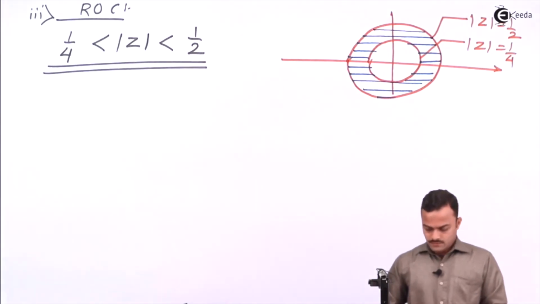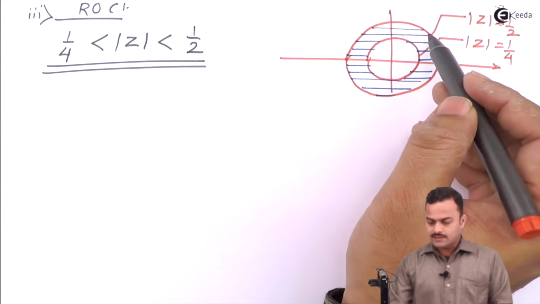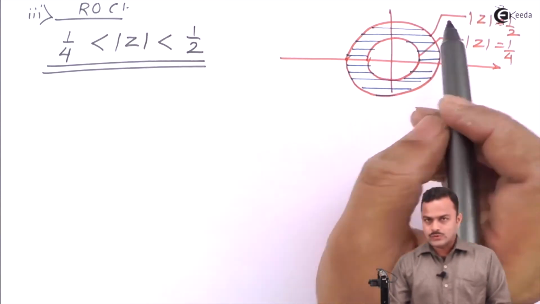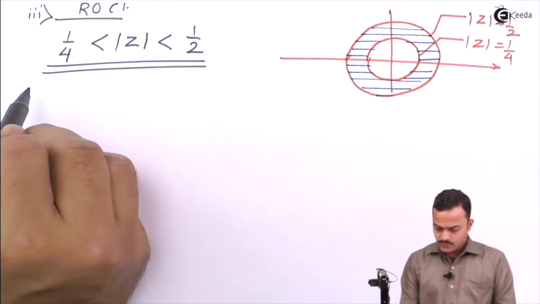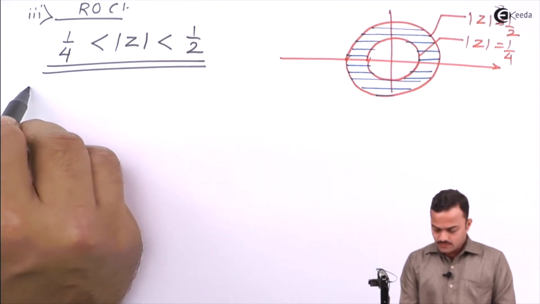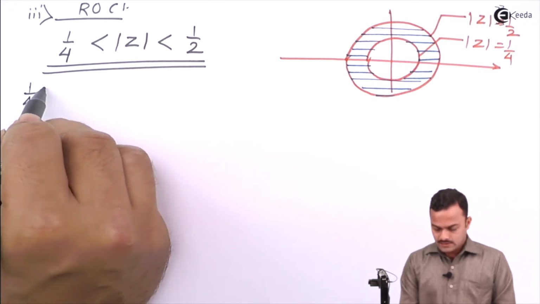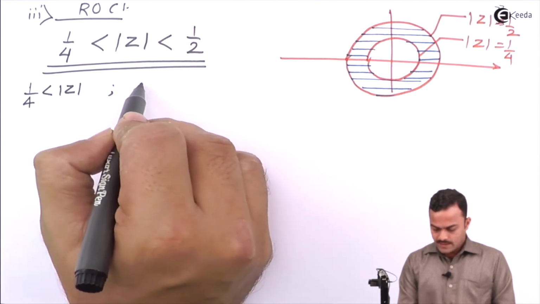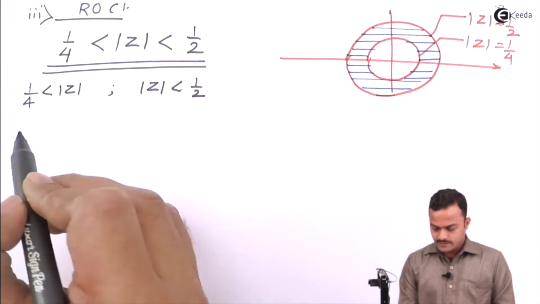Now if you see properly, for the outer circle it is inside, but for the inner circle it is outside. So I will split this condition into two. For the 1 by 4 radius circle it is exterior, and for the 1 by 2 radius circle it is interior.